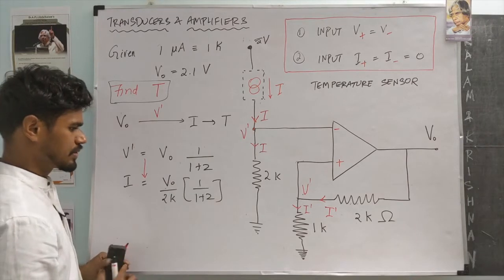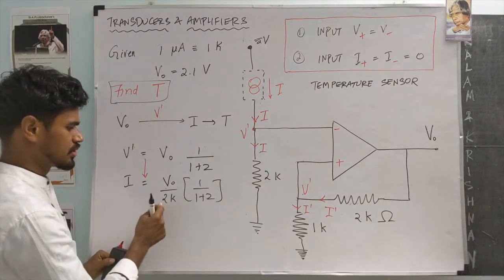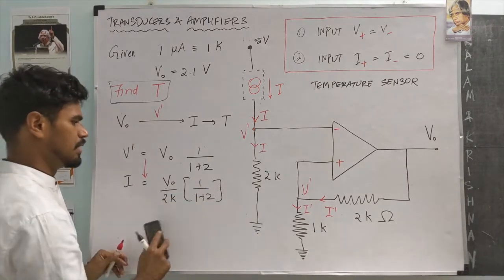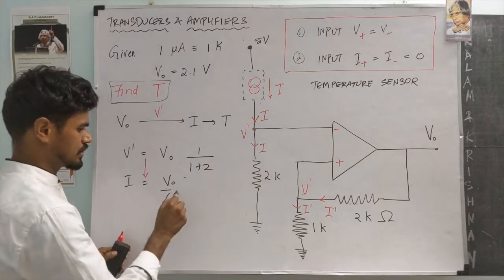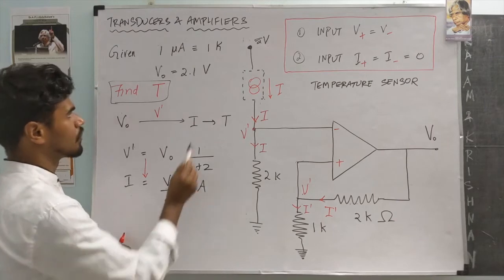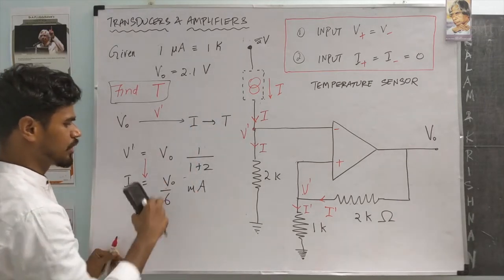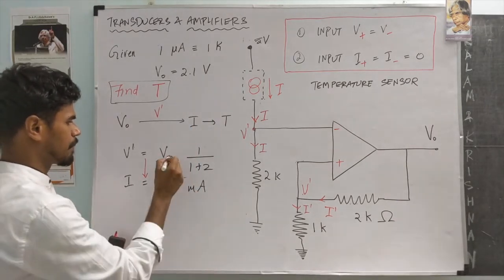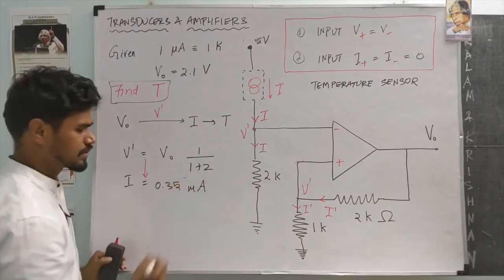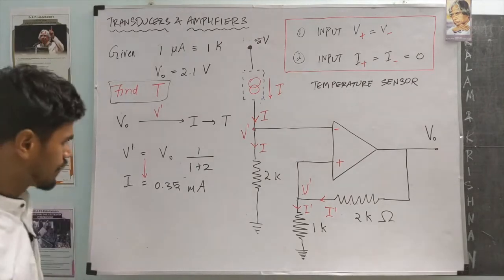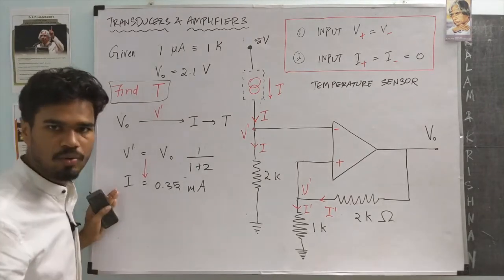If you simplify this, the 1 by 3 times 1 by 2 gives 1 by 6 milliamps. So we have V naught over 6 milliamps for the given voltage. If you plug in 2.1 here, we will get 0.35 milliamps. Great. So now we have I, and we know how to find T.